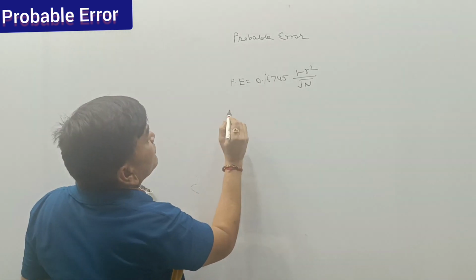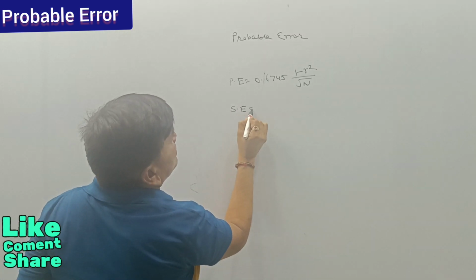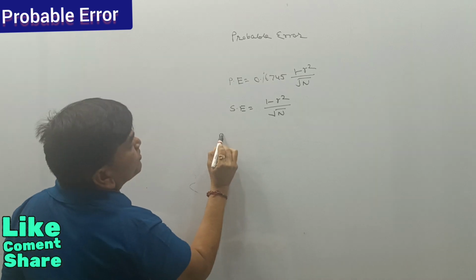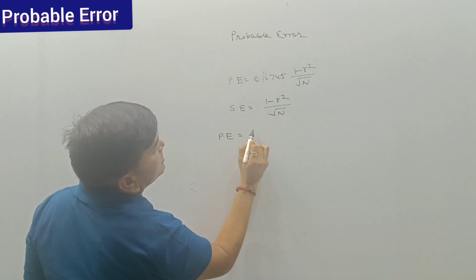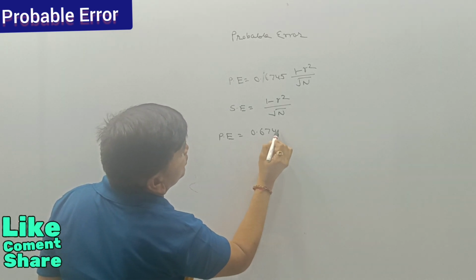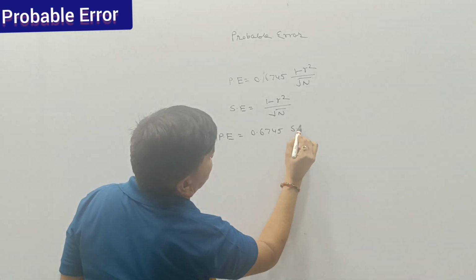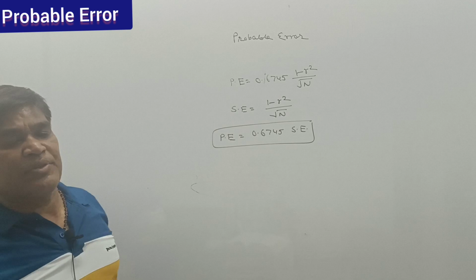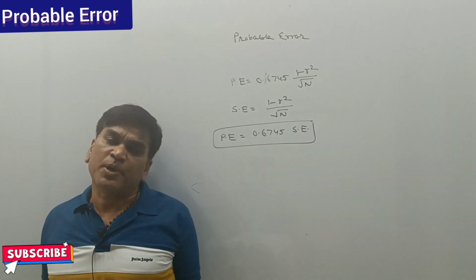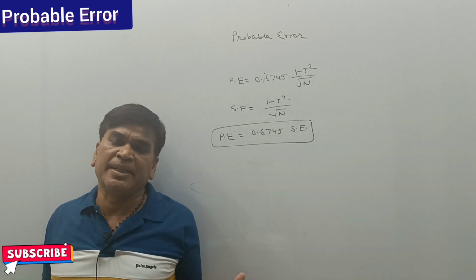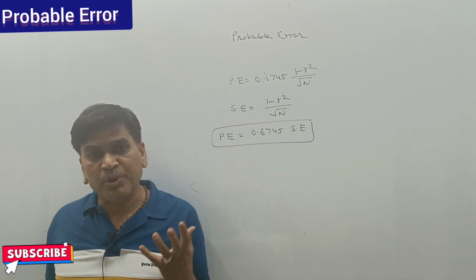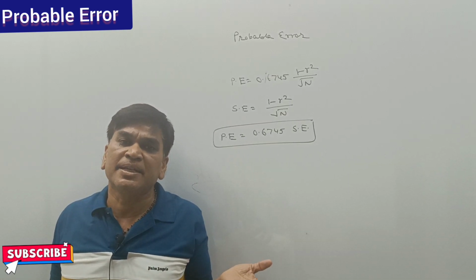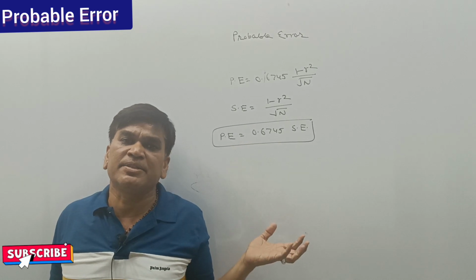Standard error is (1 minus R square) upon root N. So the probable error is 0.6745 multiplied by the standard error. So we can calculate two types of error: one is probable error, the second is standard error. But we use probable error more than standard error.